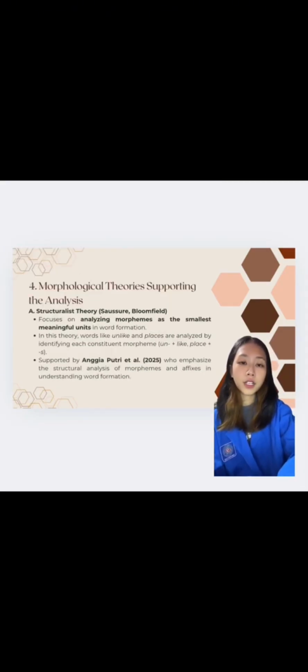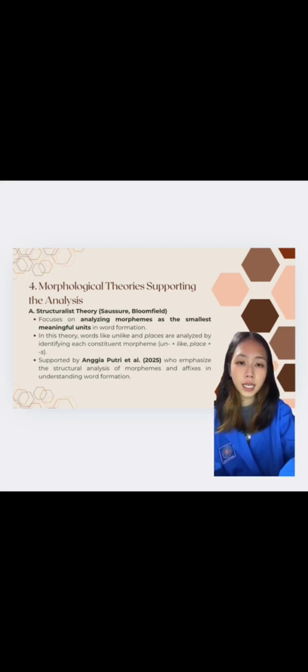For the next slide, it's morphological theories supporting the analysis. A. Structuralist theory, or Saussure-Bloomfield. Number 1. It focuses on analyzing morphemes as the smallest meaningful units in word formation.